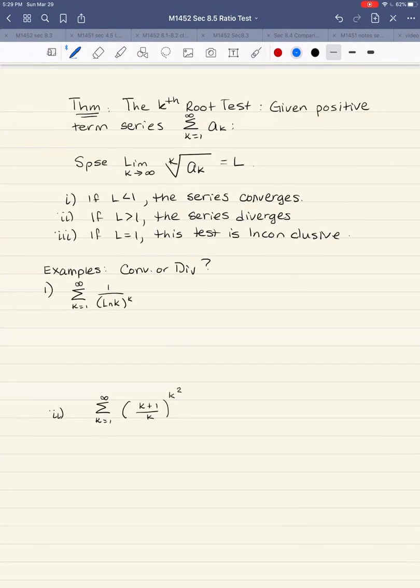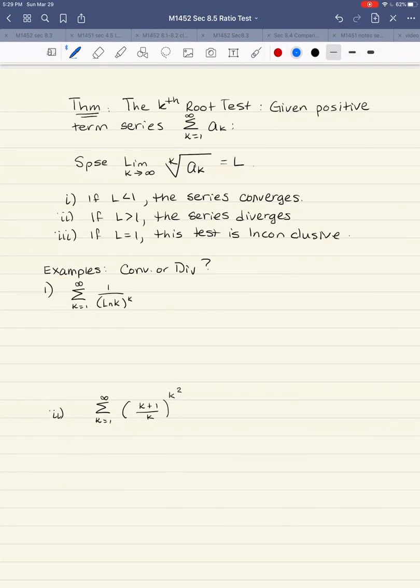A special case of the ratio test is called the kth root test. And it works if every single term in your series has a k power on it of some type. What the kth root test says, if you peel off that kth power by taking a kth root and take the limit of that as k goes to infinity, with the same three conclusions as we had with the ratio test, then you can decide whether the series converges or diverges.